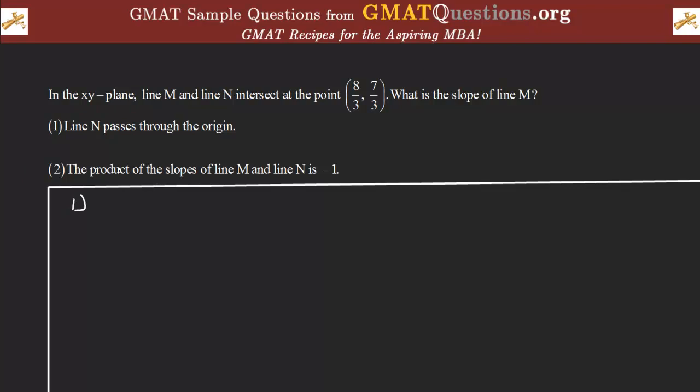Number 1, we are told that line N passes through the origin.